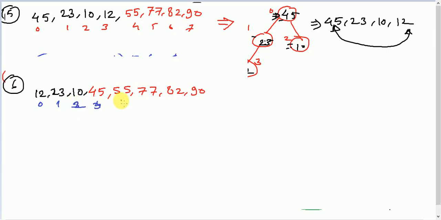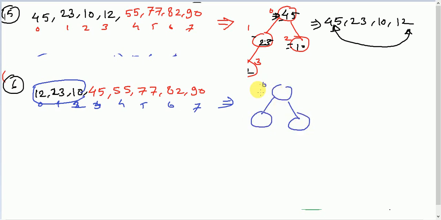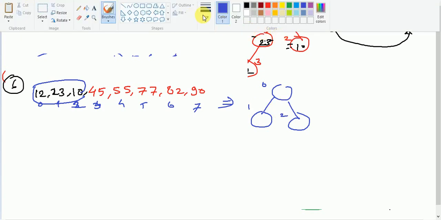1, 2, 3, 4, 5, 6 and 7. So we apply Heapify only for these three elements. We'll construct a heap over here, 0, 1 and 2.